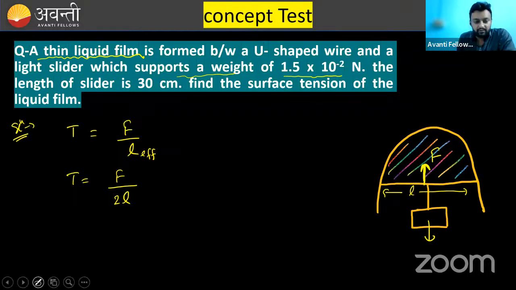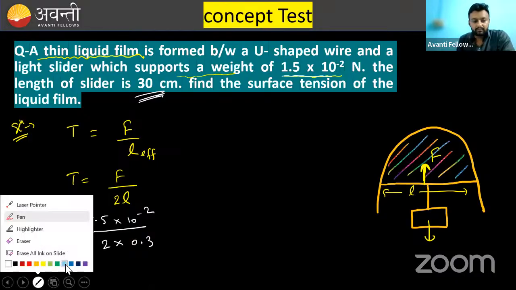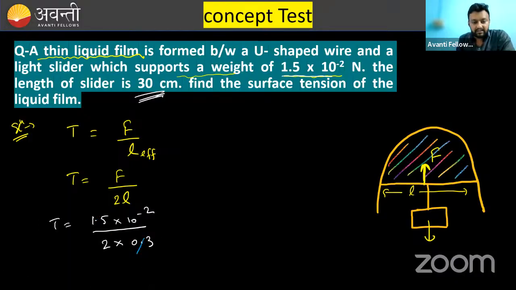Now you can place the values. T is equal to force, which is this weight, 1.5 into 10 raised to the power minus 2, divided by 2 times the length of the slider, which is 30 centimeter. 30 centimeter means 0.3 meter. You can solve it out. Decimal will get cancelled. 3 is 5.